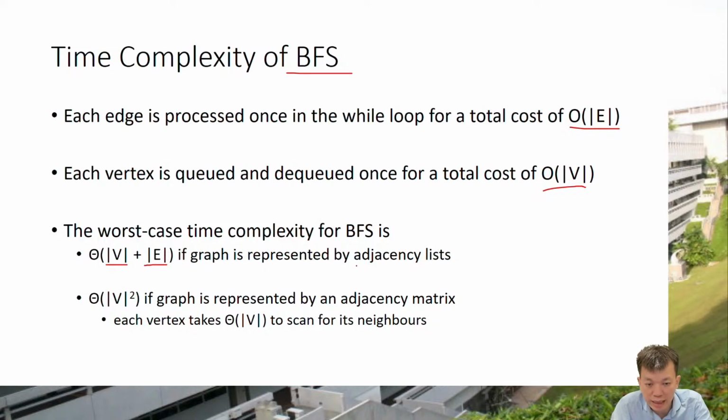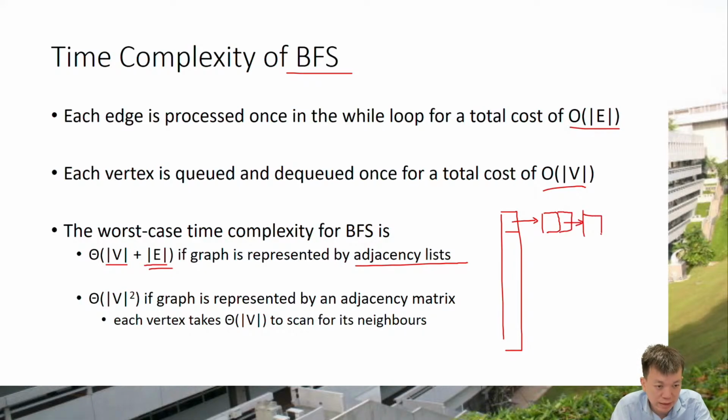If you write in an adjacency list, you can easily go through the adjacency list to find out who the neighbors are. So if I visit this node and want to know all its adjacent nodes, you can easily retrieve them from the linked list.